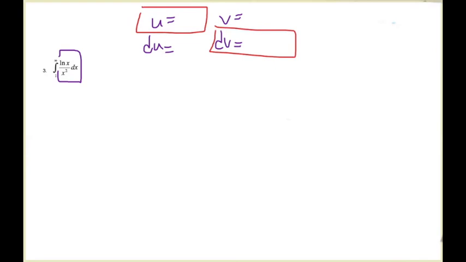We're going to use the ln of x as our u, and we're going to use 1 over x squared dx as our dv. Now you've got a tiny little derivative to take, and a tiny little integration to do.